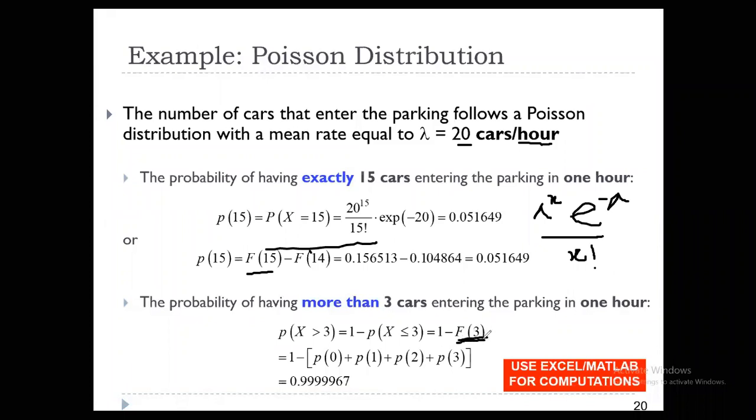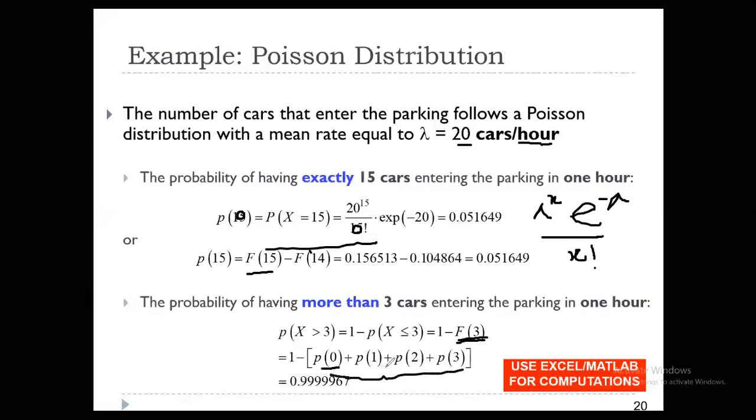So either you use the CDF to find the cumulative distribution till you get to 3 cars, or you can find the probability at x equals 0 using this function. So you make this 0, then you find the probability at 1, the probability at 2, the probability at 3, and combine them.